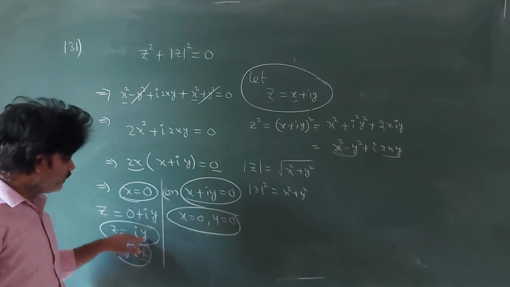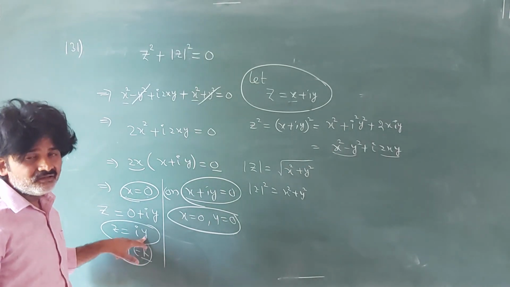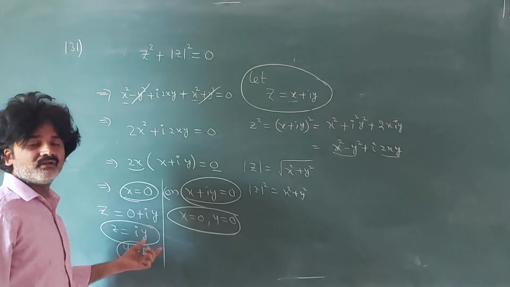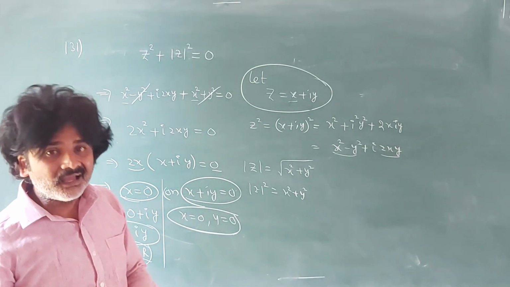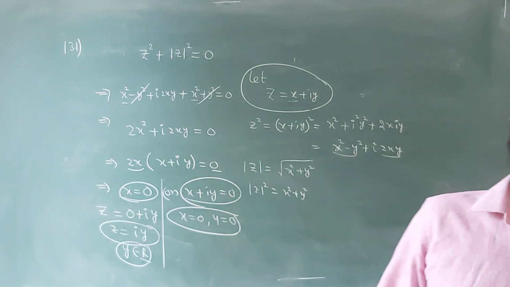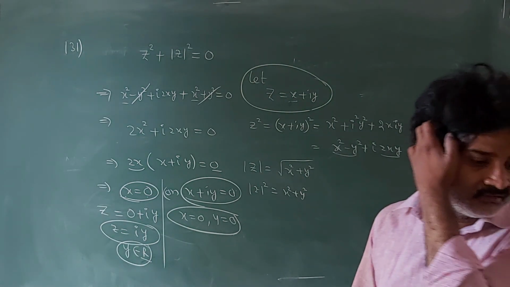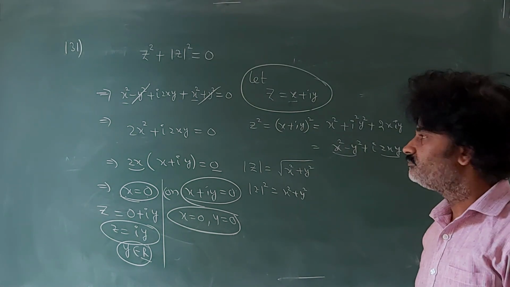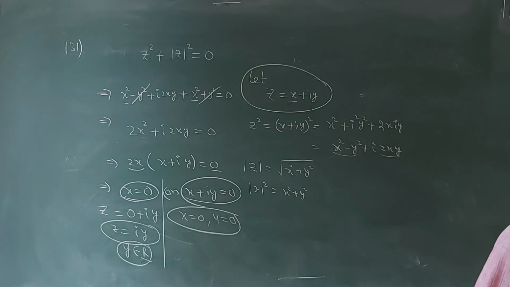Z equal to iy format, y is any real number. Such complex numbers, how many will exist? Infinite will exist. That's why the answer is infinitely many solutions. Simply they are asking the number of solutions. Answer is infinitely many. Okay, fourth option is the answer.